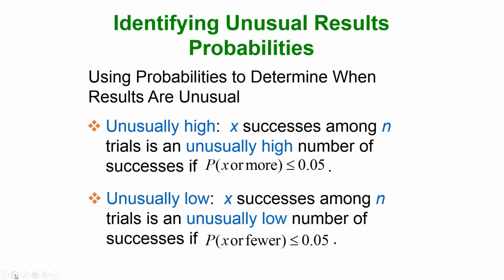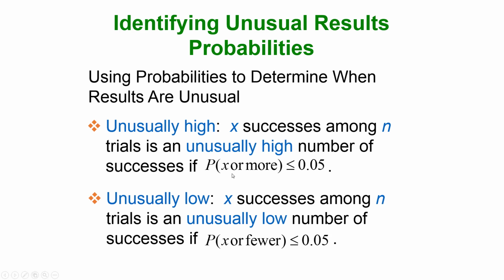You can also use probabilities to determine this. In order for something to be unusually high, an unusually high number of outcomes of a certain value, the probability of X or more has to be less than or equal to 0.05.